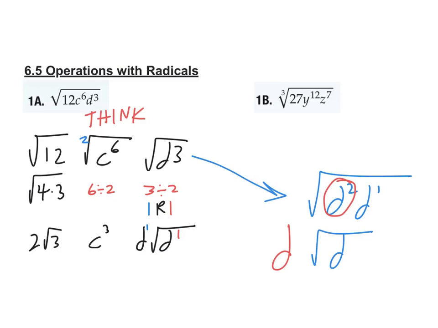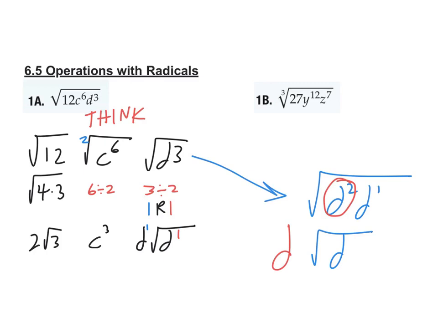So that's why it works, but I think as you guys have demonstrated to me in 6.4, that this division property works really good for you. So I want to stay with that idea, and because it doesn't come out evenly, we're going to have some leftover, and that's what that remainder is.